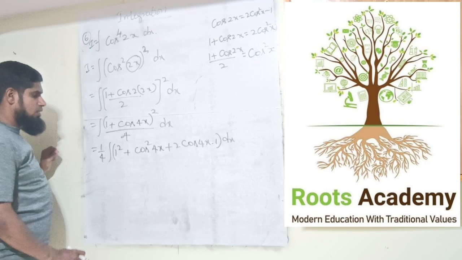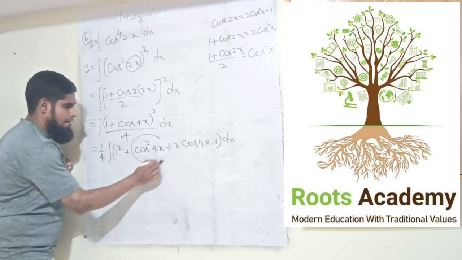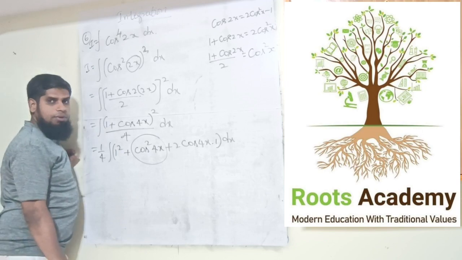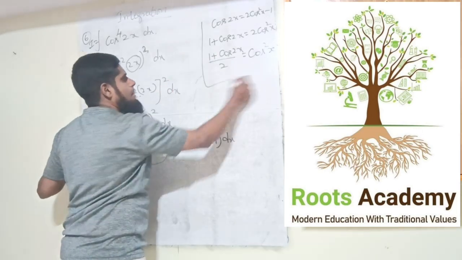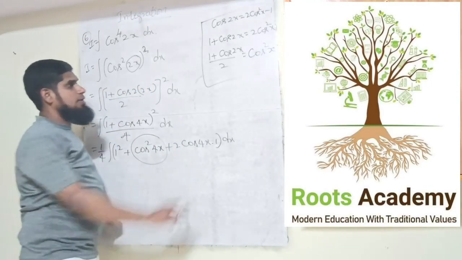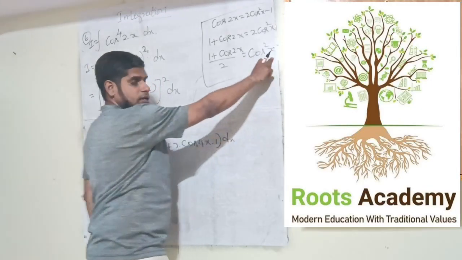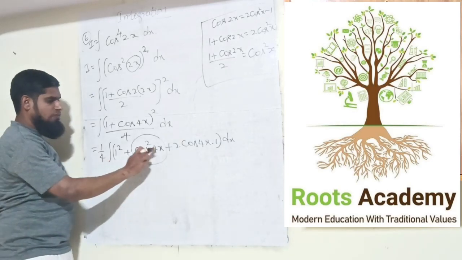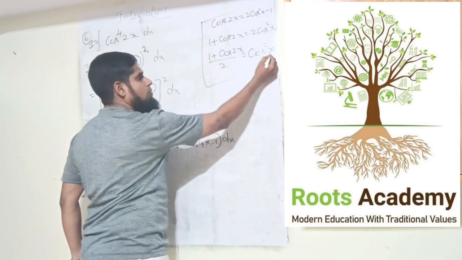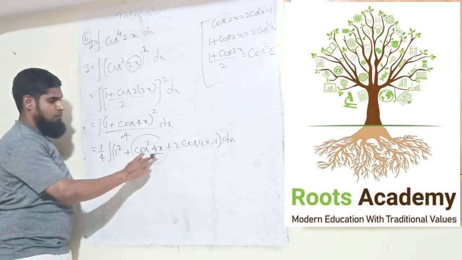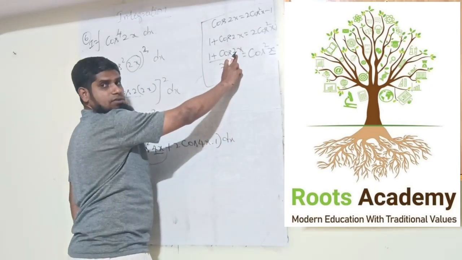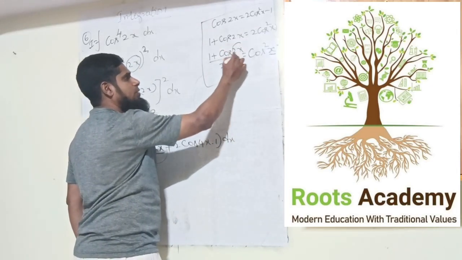Now in this, again there is a problem here. We cannot directly integrate this. So again I can apply these steps. Here I have cos square x, and now I have cos square 4x. It means wherever there is x in this formula, we should write 4x. The moment I write 4x here, this 4x gets multiplied by 2.